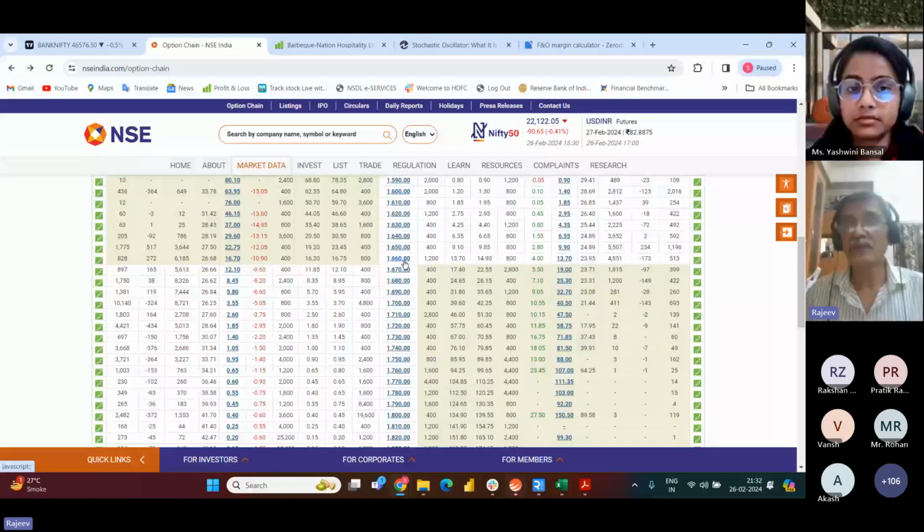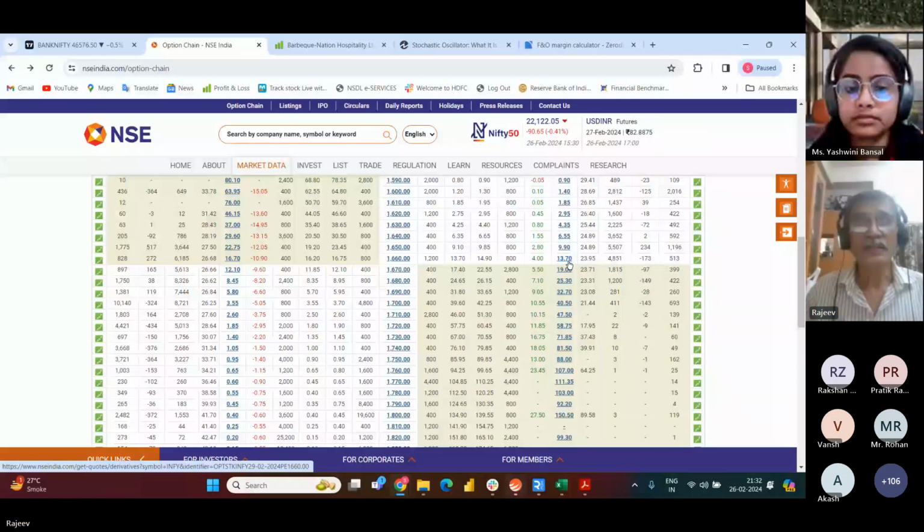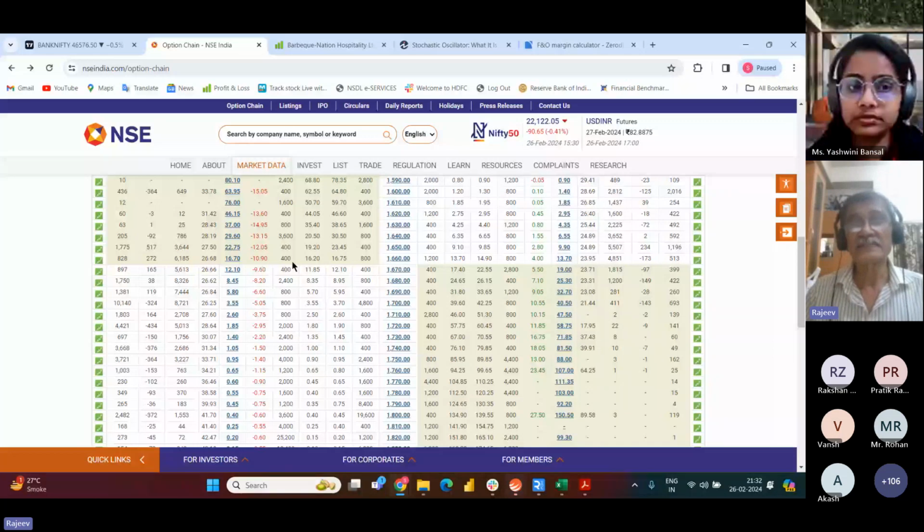And even if I deduct the 13 rupees premium that I'm paying, I still make about 47 rupees as a profit. So that is the view that a buyer and a seller has, and accordingly he will either buy a call or buy a put.